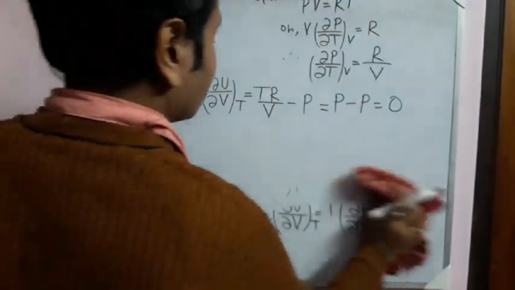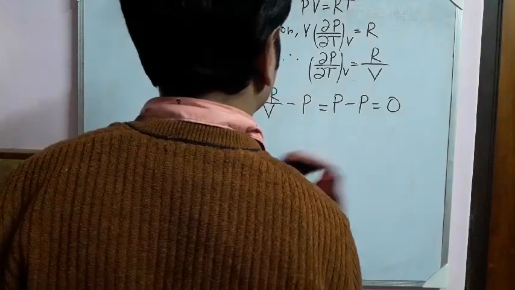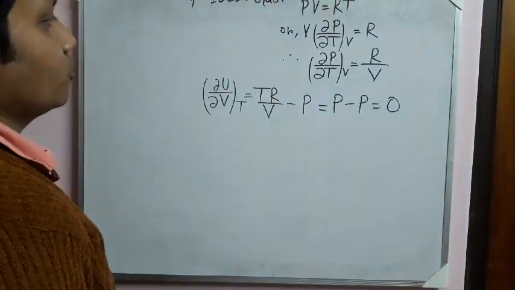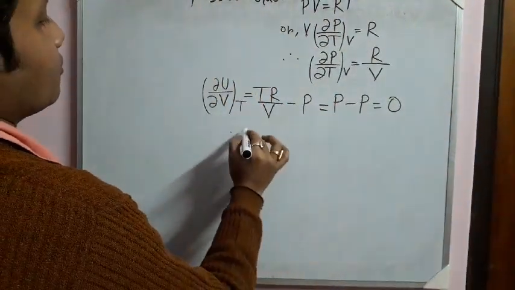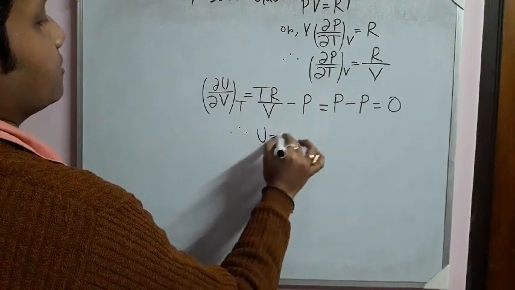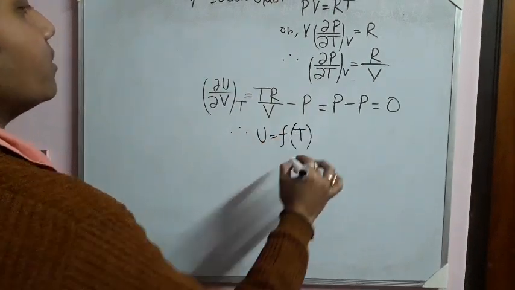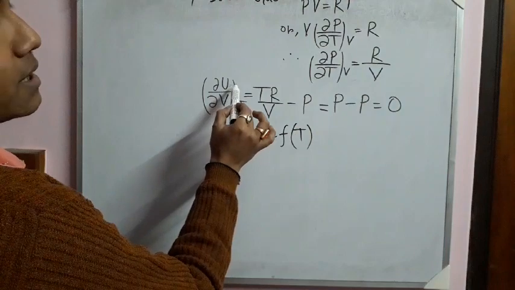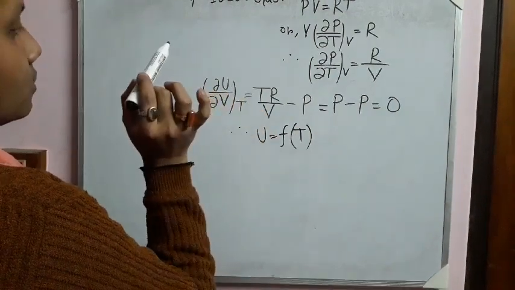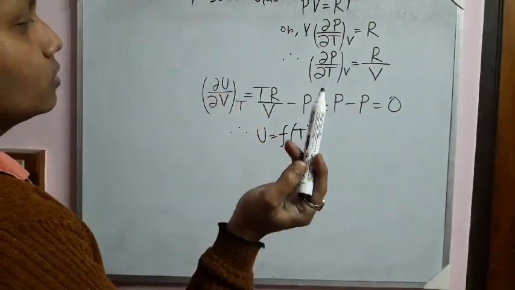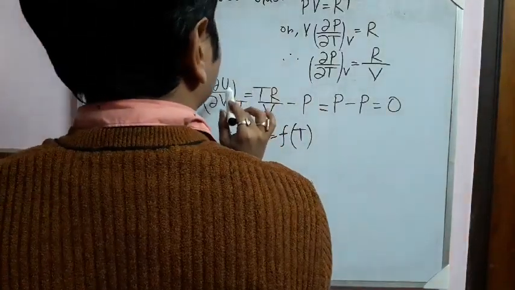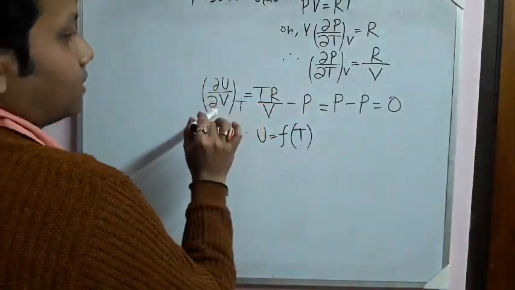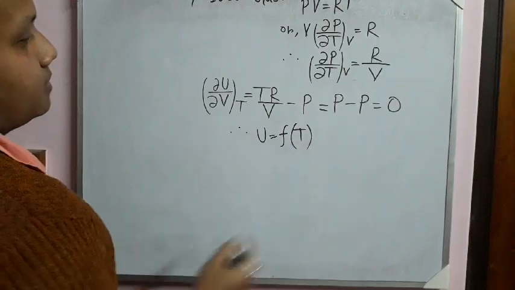So for a perfect gas there is no variation of internal energy with volume. We can easily conclude that the internal energy of a perfect gas is a function of temperature only, because if U involves T, then the partial derivative with respect to V is 0.